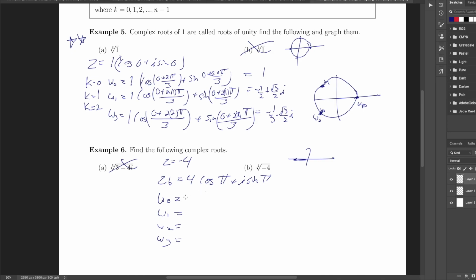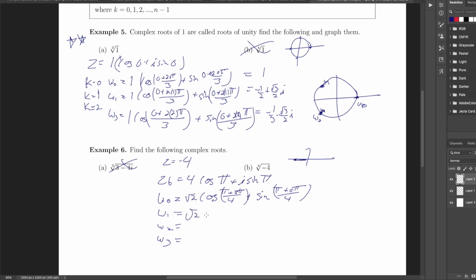And so here, we're going to have square root of 2, and then we're going to have cosine of pi plus 0, or so 2 times 0, so this will be 0 pi over 4, plus I sine of pi plus 0 pi over 4.